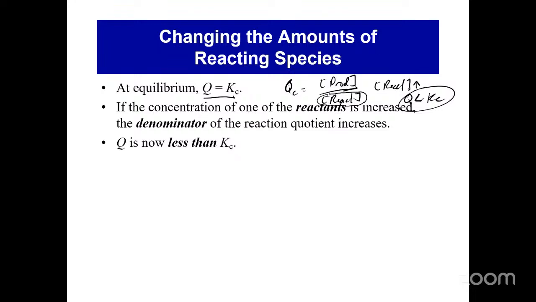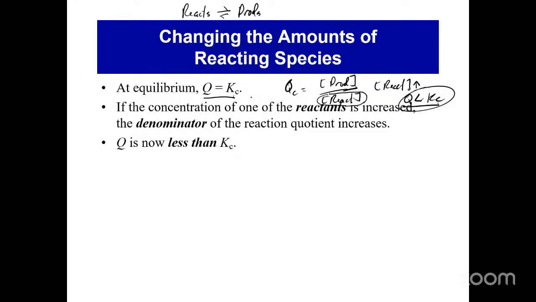Now remember, the equation for the reaction would be reactants in equilibrium with products, all right? So if you think about this, if Qc is less than Kc, the question now becomes, how do we get Qc back to being equal to Kc? So basically what the system will do is try to increase the value of Qc so that it becomes equal to Kc.